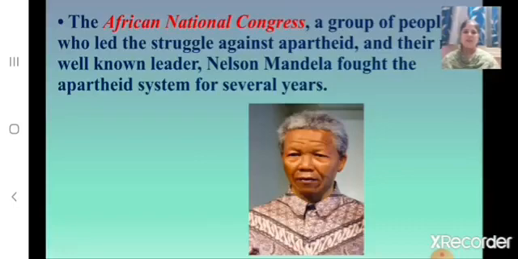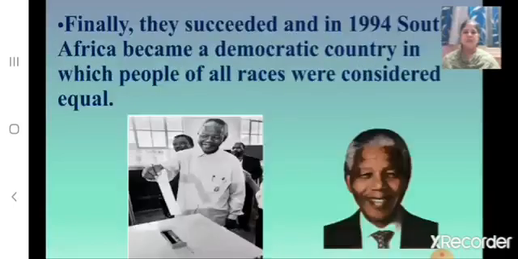He fought the apartheid system for several years, and finally they succeeded, and in 1994 South Africa became a democratic country in which people of all races were considered equal. So in which year did they succeed? They succeeded in the year 1994, and they became a democratic country.